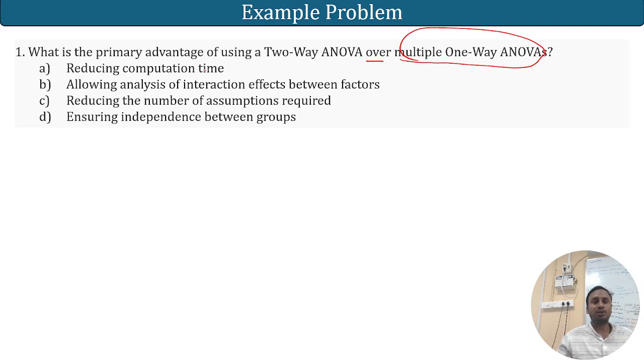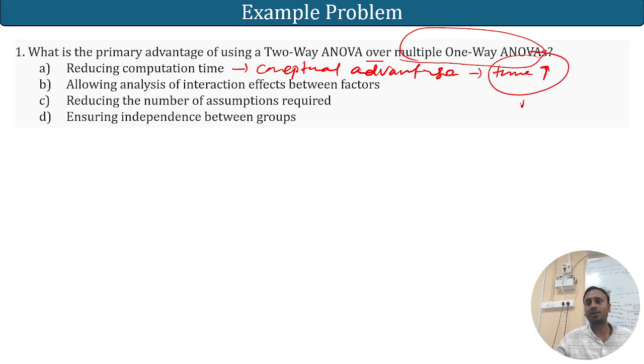It's going to reduce the number of tests. It's a conceptual advantage, but time will increase. Why? Because the degrees of freedom will increase and the number of factors will increase. So this is not the advantage actually.